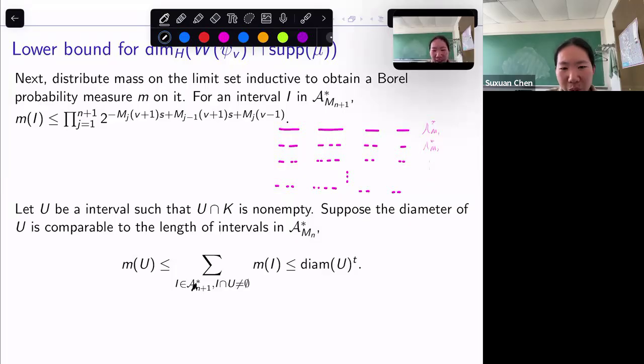Use the intervals in the next level to cover the set U. So its measure is bounded by the summation of intervals in the n+1th level that have non-empty intersection with U, and we can show that it's bounded by the diameter of U to the power T. Using the information that we know the number of intervals contained in a single interval in the previous level, we can have a measure estimate of the set U, and using this we can obtain a lower bound.